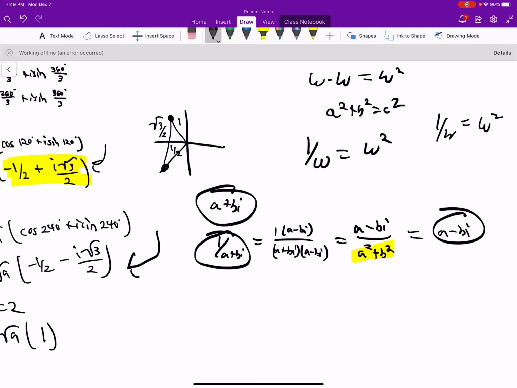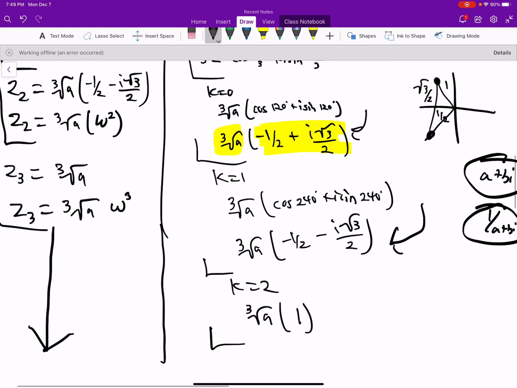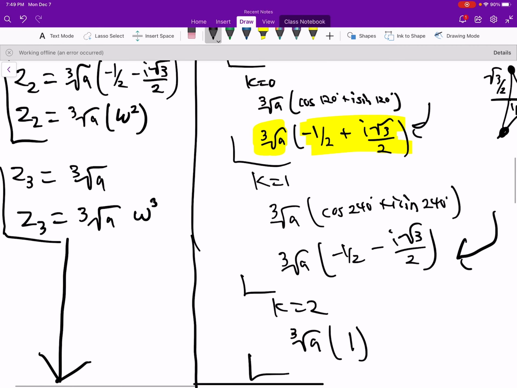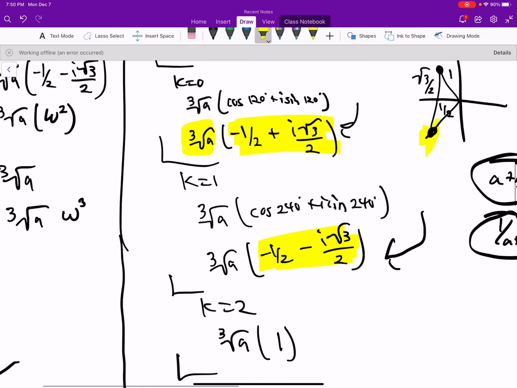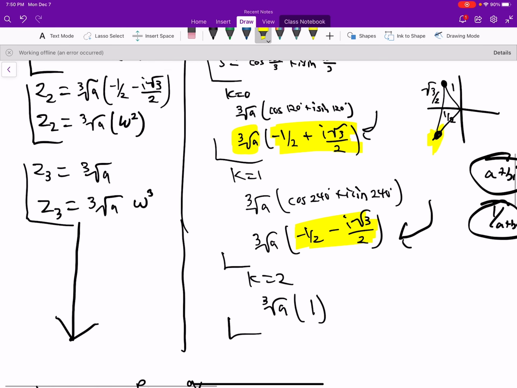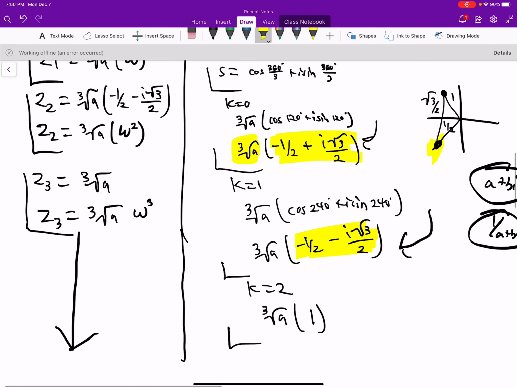Okay, I think that's enough of that. But you can also try it yourself. Just check it out. So this right here, I'm gonna highlight it. This is omega squared, because that's the inverse of omega, which is down here, which is omega squared. Okay, so then the third one is just going to be 1, and we are finished getting all these z values.